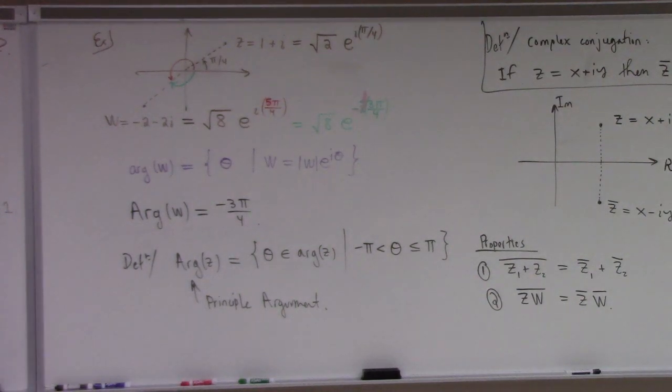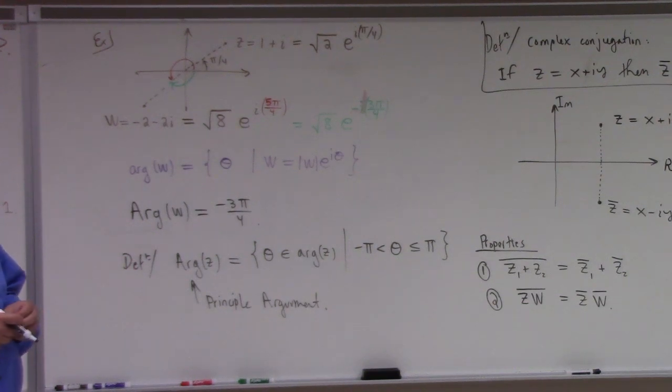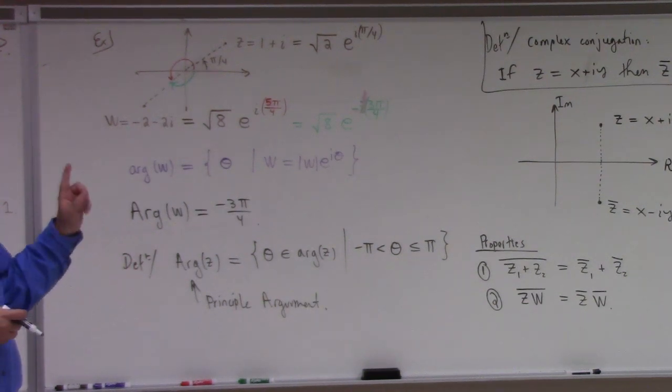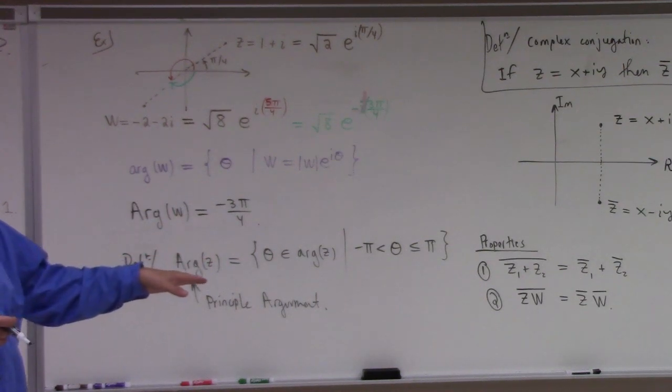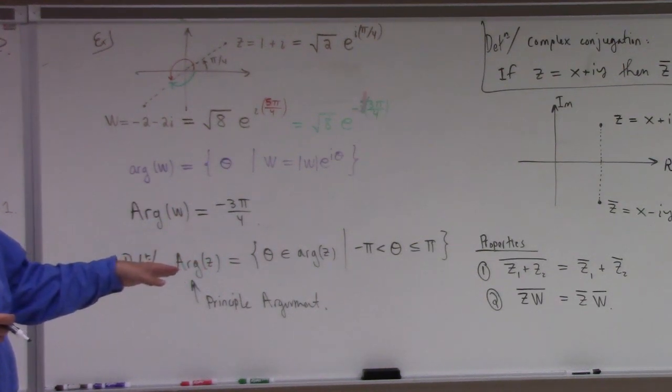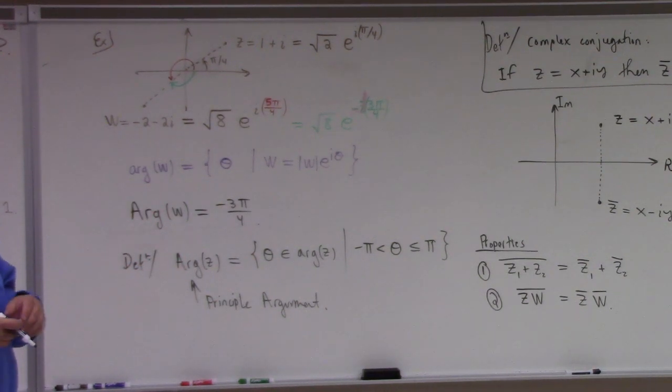All right. So the principal argument is the angle between minus pi and pi, minus pi not included, pi included. We want to have our pi. We just don't want to also have minus pi, right? You have your pi, but you don't also eat your minus pi, right? It's a common saying.